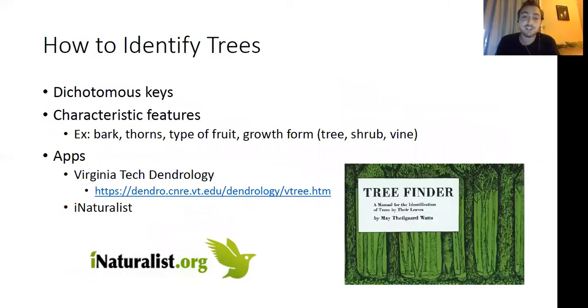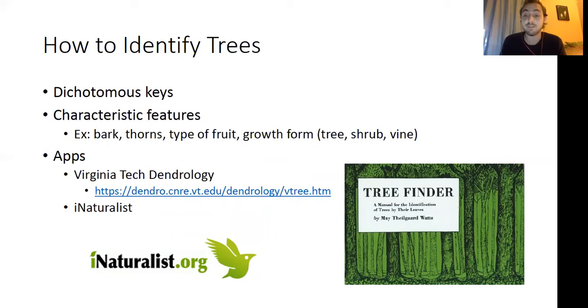So in identifying trees, there are many different things that can be done when out in the field to find out what tree you might be looking at. Dichotomous keys are our main tool. It is a series of paired choices that uses characteristic features to differentiate different individuals and to get to a species identification for the tree you might be at.